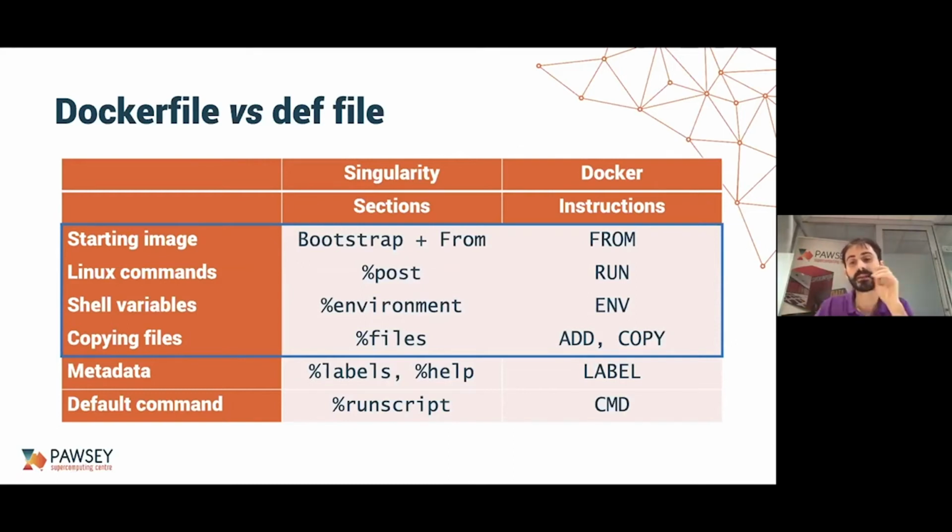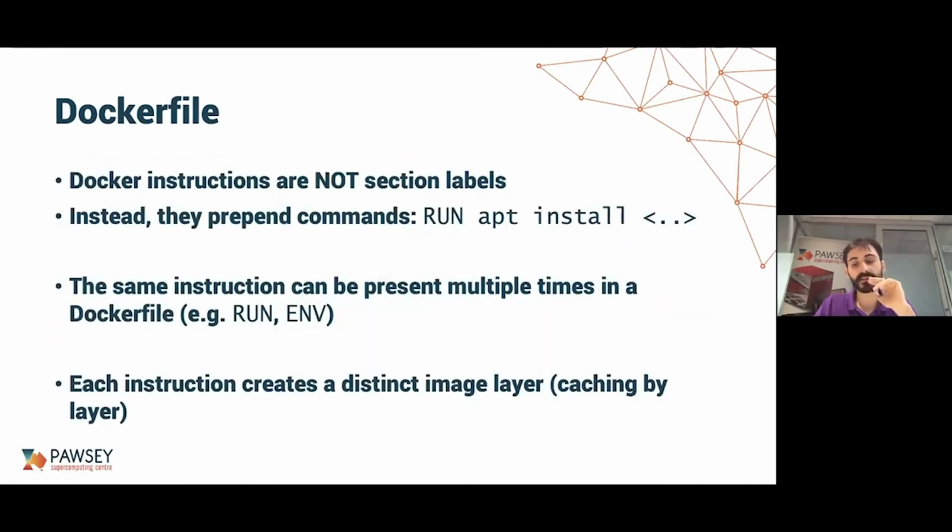I'm just letting the build finish in my terminal. One other important point that you're going to see soon in the Dockerfile: you saw in the Singularity definition file sections such as post, environment, and so on.